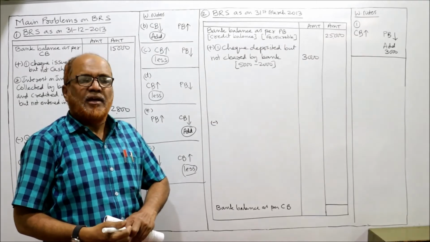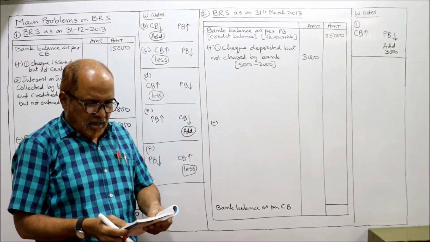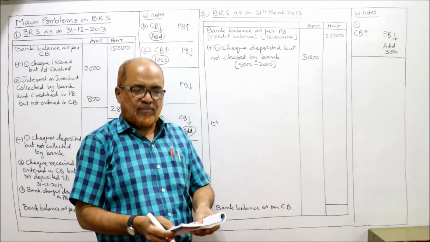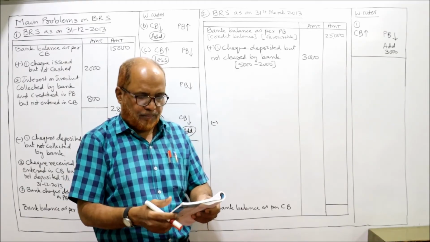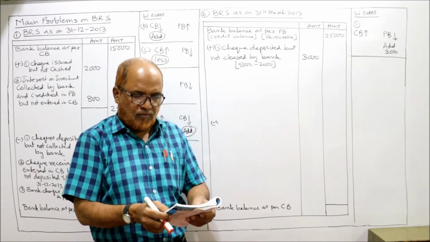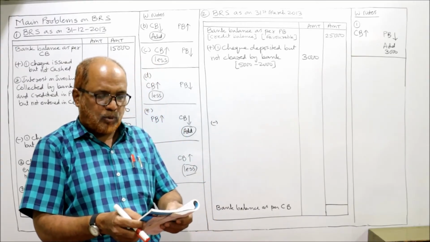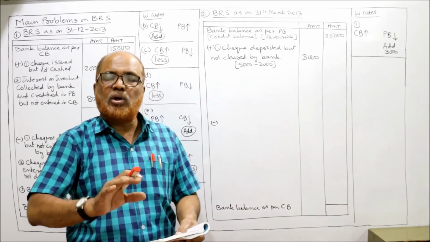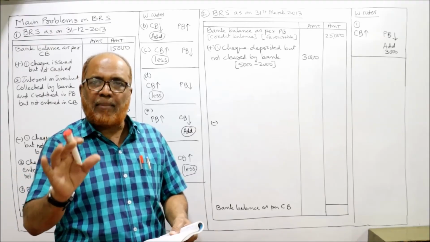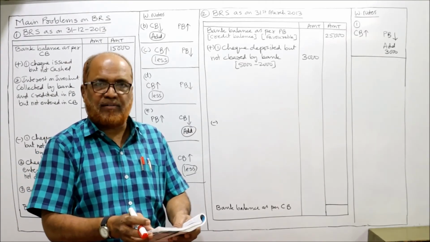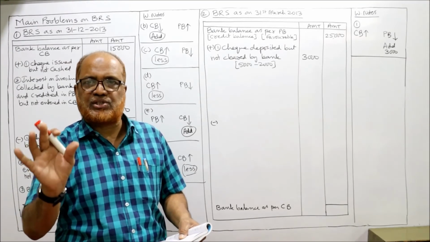One point completed. Now second point you can see, checks amounting to 7,500 were issued, but checks for 2,400 had not been presented for payment in the bank up to 31st March. Total amount of checks issued is 7,500.